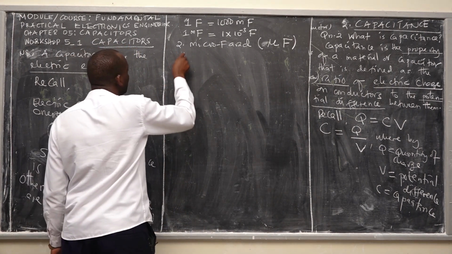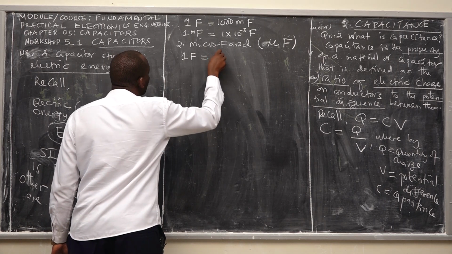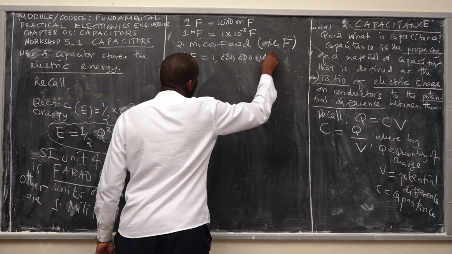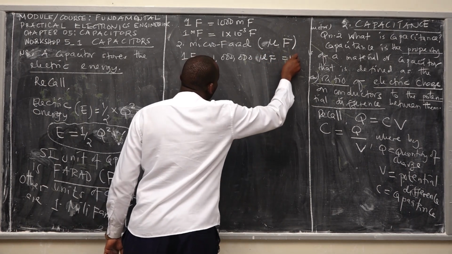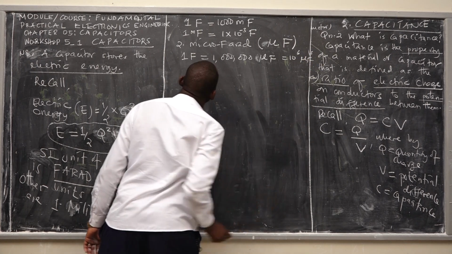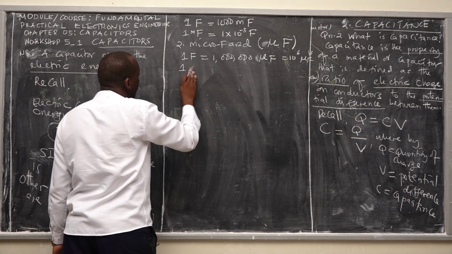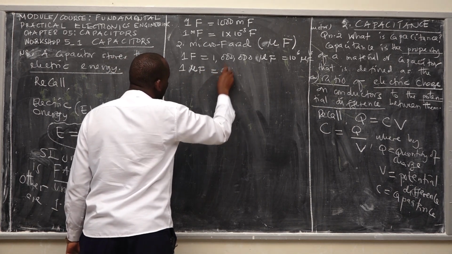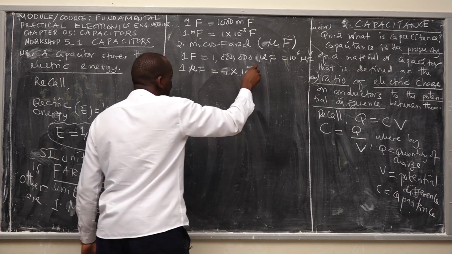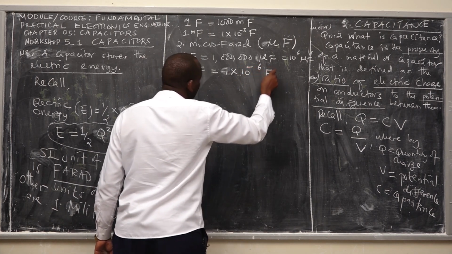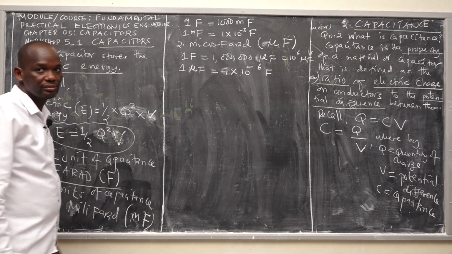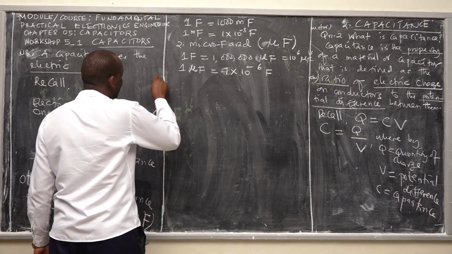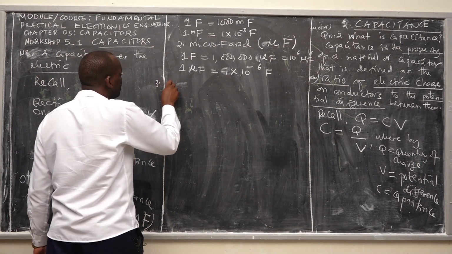Remember that 1 farad is equal to 1 million microfarad, or simply 10 exponent 6 microfarad. So 1 microfarad is equal to 10 exponent negative 6 farad. Okay, number 3.